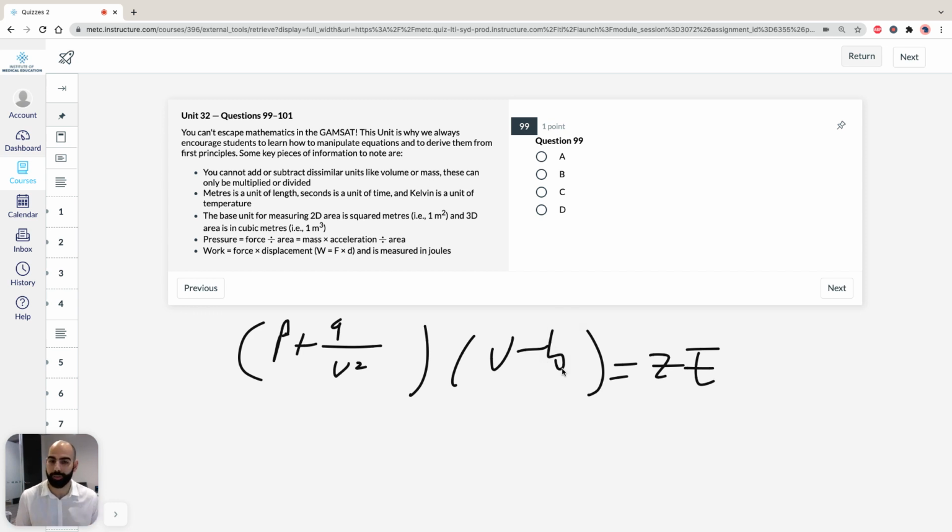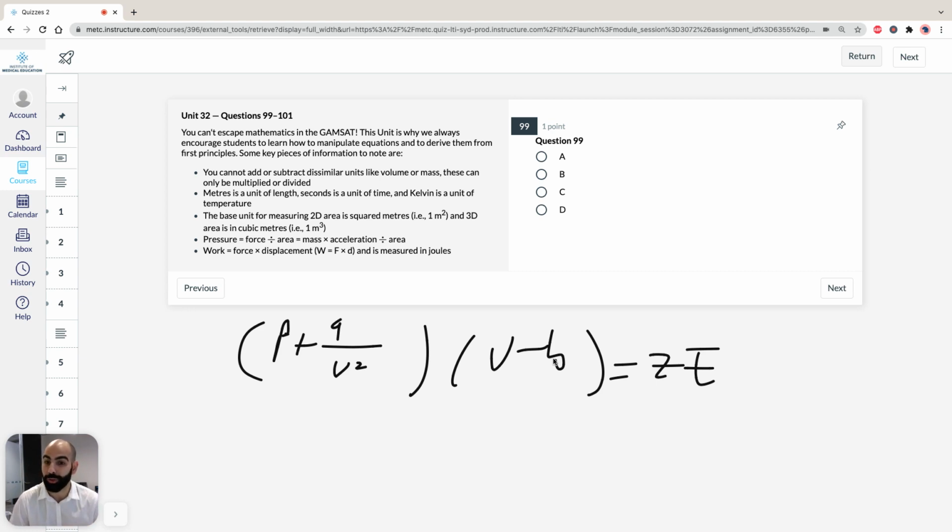You can't just do P minus V or P plus V, because they're two dissimilar units. Pressure and volume can't be added or subtracted; you have to multiply or divide. This is why A over V squared is going to be measured in units of pressure, and B is going to be measured in units of volume. That's one thing to note, especially for questions 99 and 100.